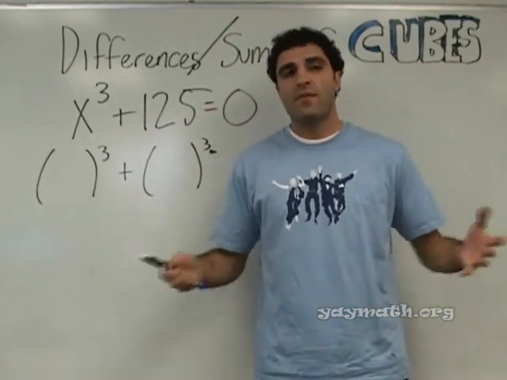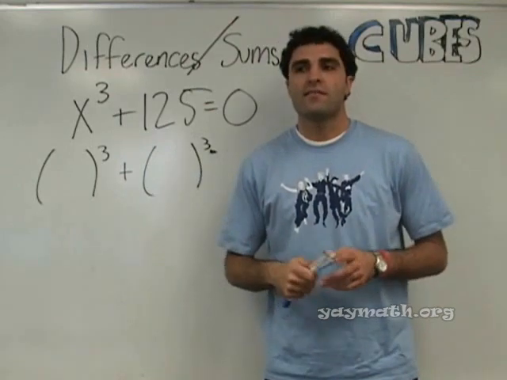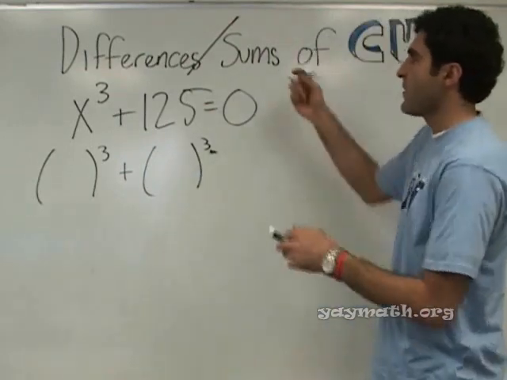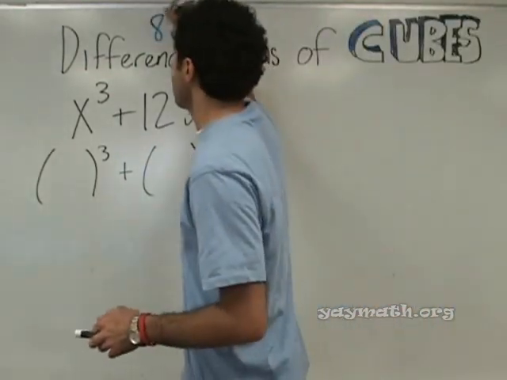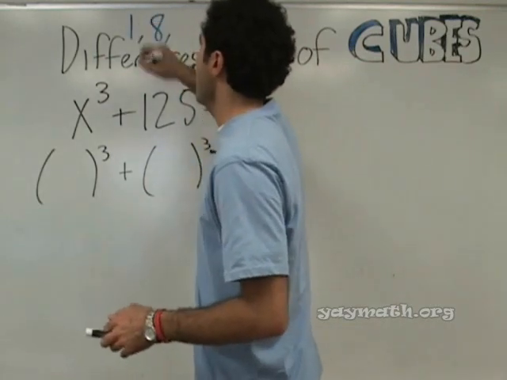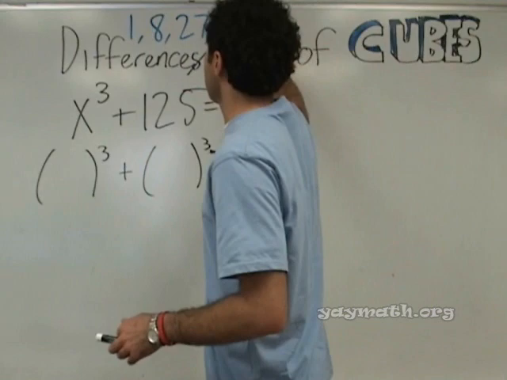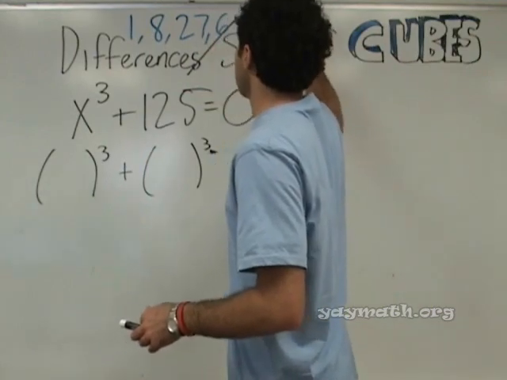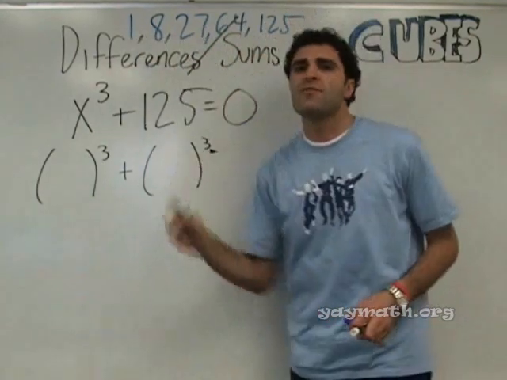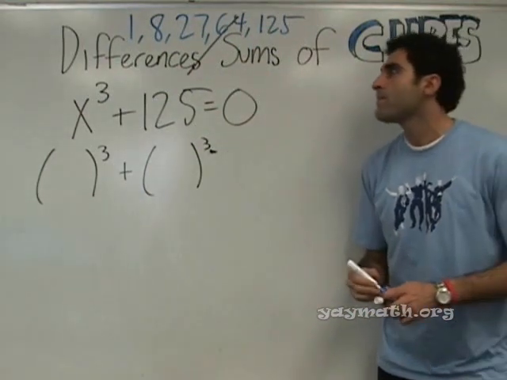And that's pretty much the bulk of the ones you'll see. It might be good to put them in your memory: 1, 8, 27, 64, 125. These are good to get used to, especially for SAT as well.